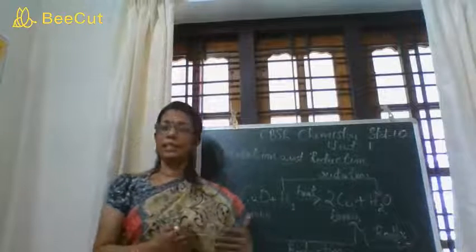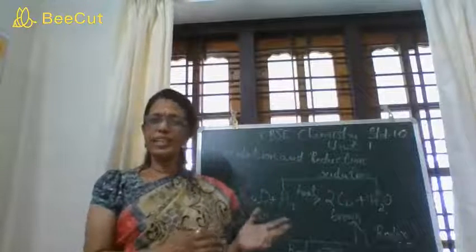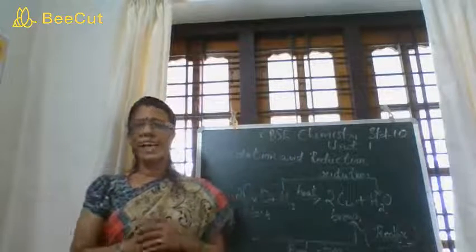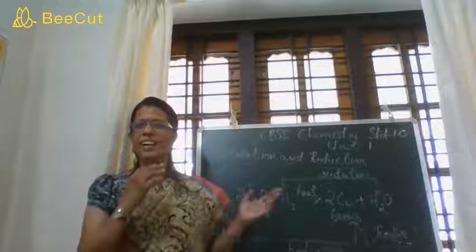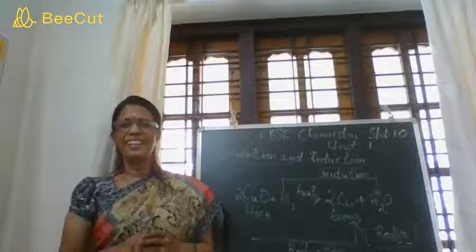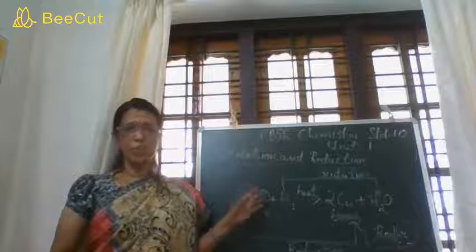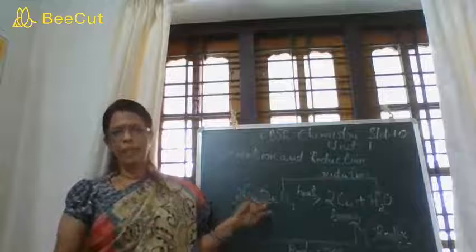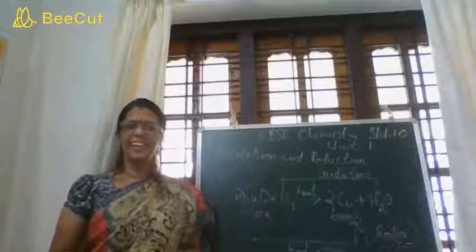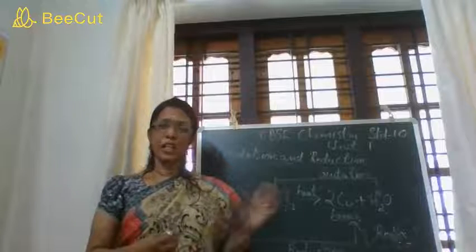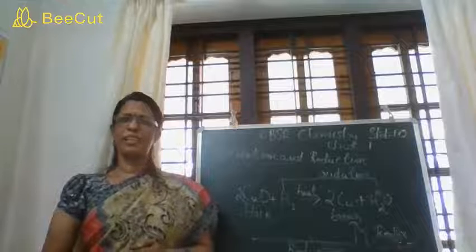Then you will have another type of question: define oxidation, define reduction. Oxidation is a reaction in which oxygen is added to a substance, and reduction is a reaction in which oxygen is removed from a substance. These are the different types of questions that we can expect from this topic. Practice more questions like this, which undergoes oxidation, which undergoes reduction, and try to balance each and every equation.